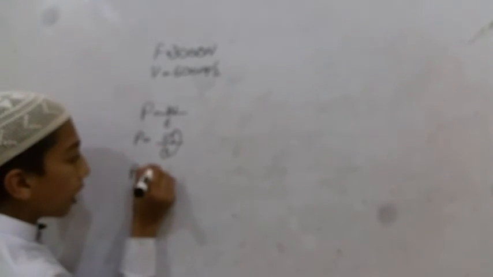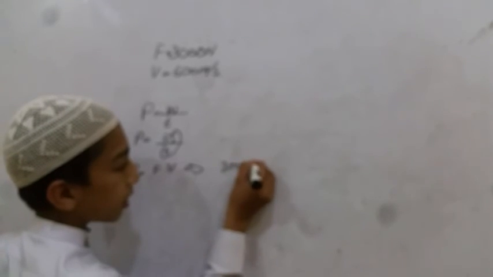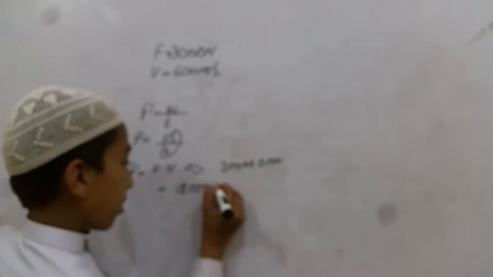As power is equal to work done divided by time, and work done is F into s, divided by t, and this is speed, so F into V. F is given 3000 and V is given 600, so it is equal to 18 lakh watts.